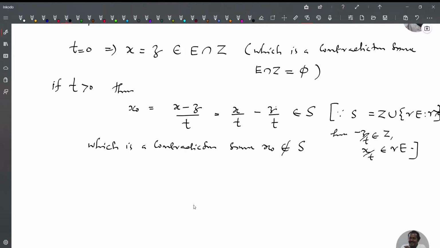Now t is less than 0 implies x₀ equal to again x by t minus z by t.